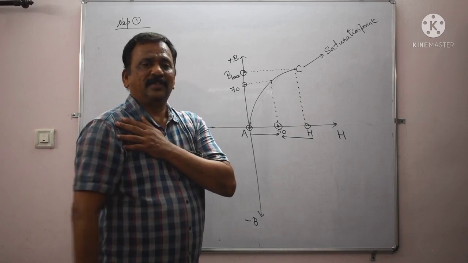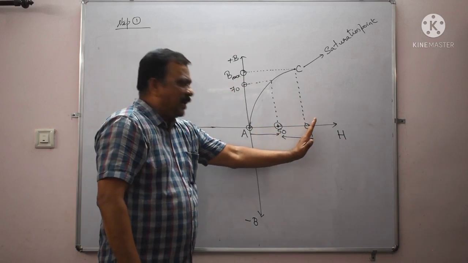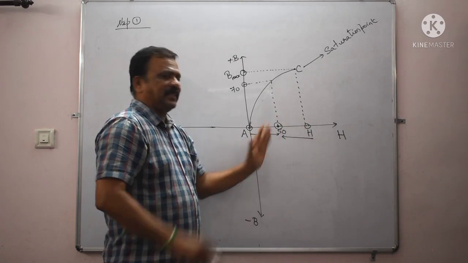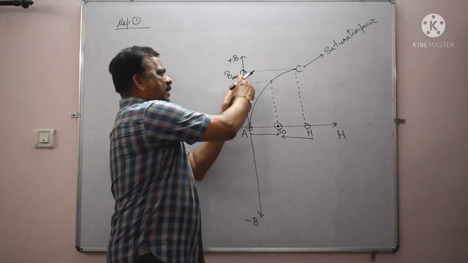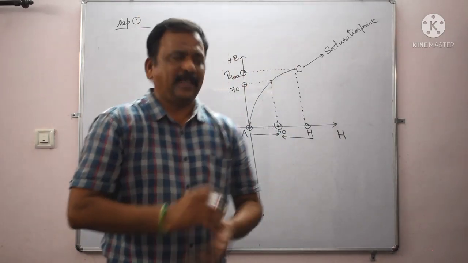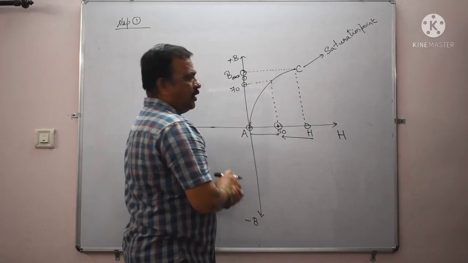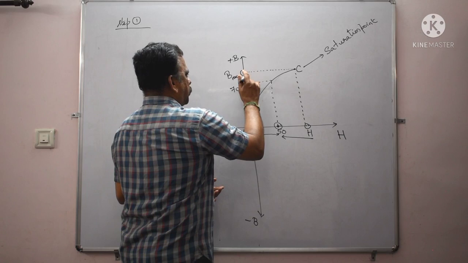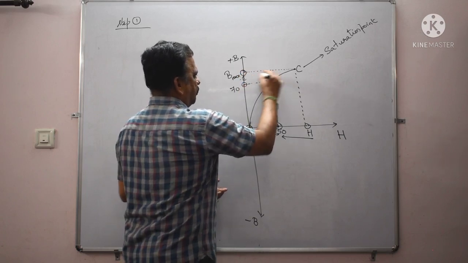But it does not. The magnetic field in the specimen during the decrease of the magnetizing field, for the value 50, rather than being 70, will be slightly more than 70, say 74. So somewhere over here, 50, 74.